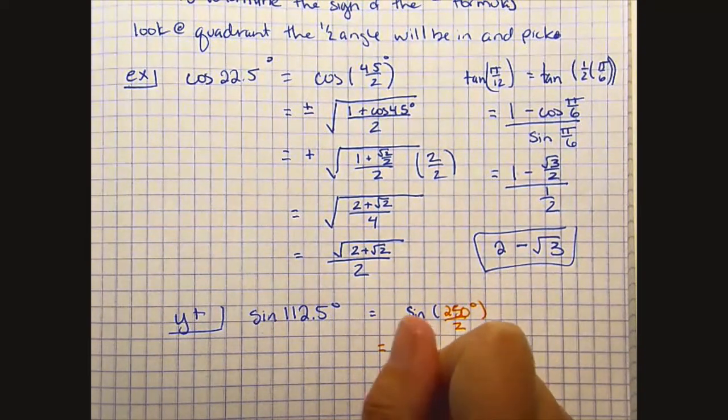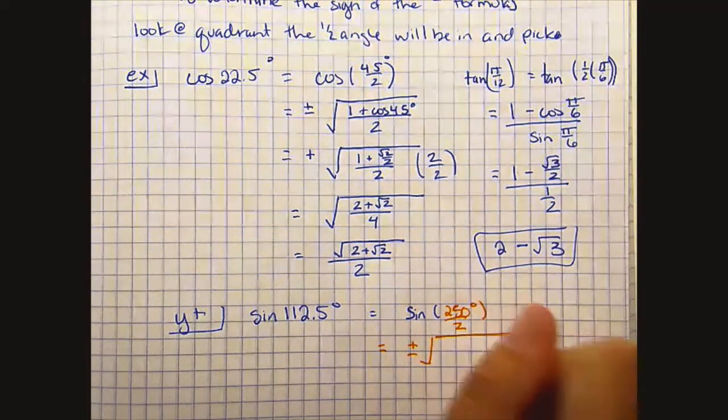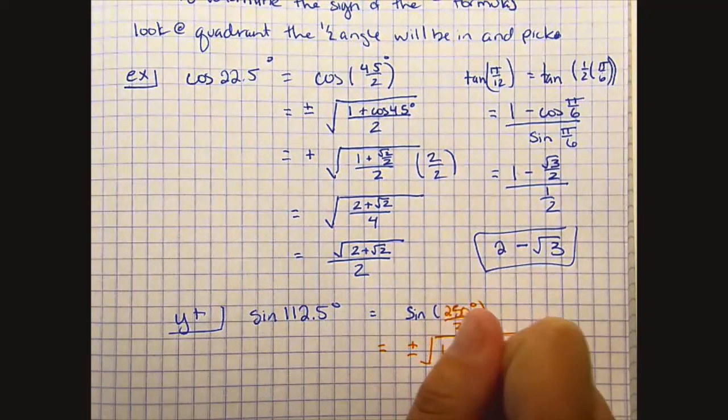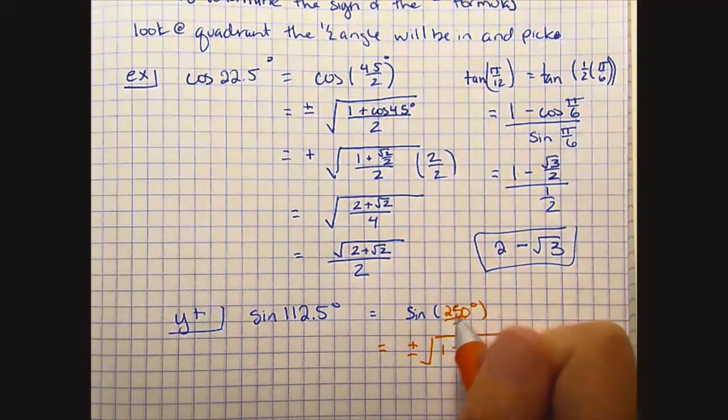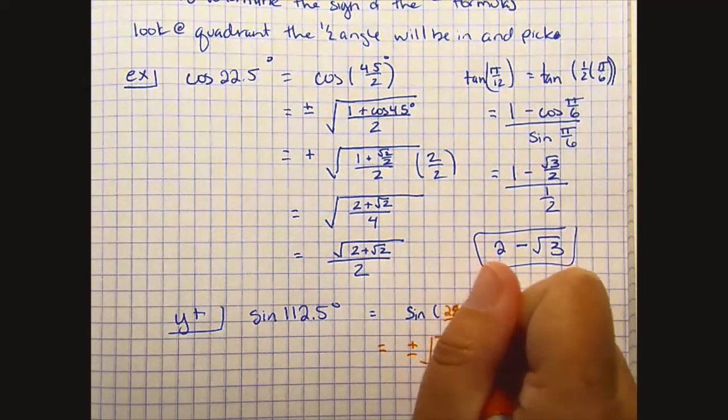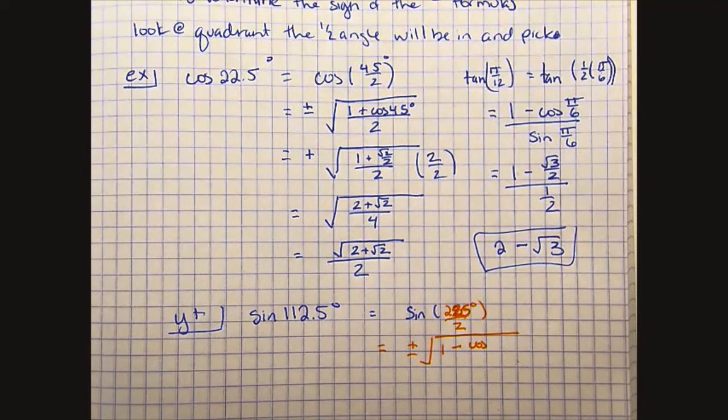And so that's plus or minus, sine is 1 minus cosine, right? 1 minus cosine, oh my goodness, not 250, 225. 112.5 times 2 is 225. Woo!